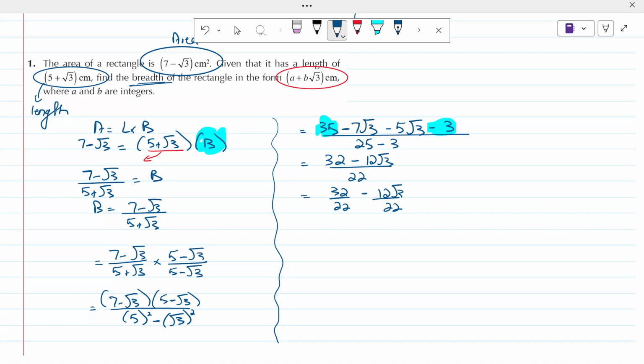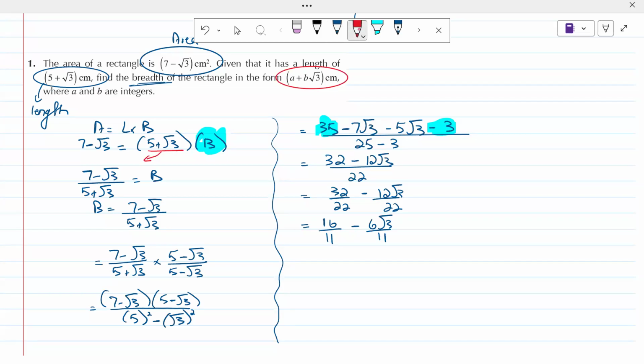So we'll write this as a separate fraction, and this needs to be simplified. 32 upon 22, that would be 16 upon 11. And this minus 12 root 3 upon 22, that would be minus 6 root 3 upon 11.